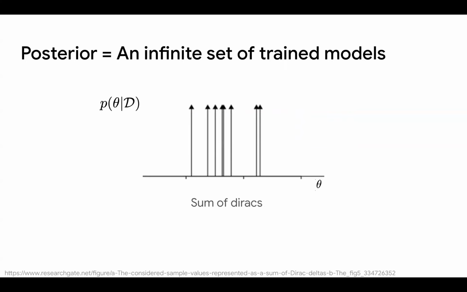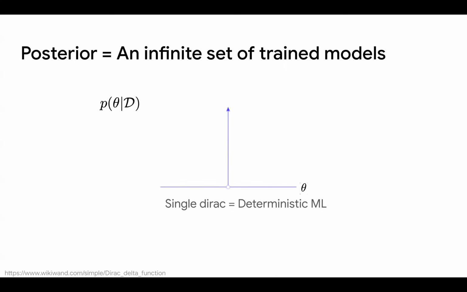Some people go for Dirac delta distributions, right? But in this case, they consider a sum of Diracs. Okay, so this is semi-deterministic. Now you can go all the way down to a deterministic Dirac delta function as your posterior. And then you fall back to deterministic machine learning. So there's a whole spectrum of probabilistic, Bayesian machine learning, and deterministic machine learning.